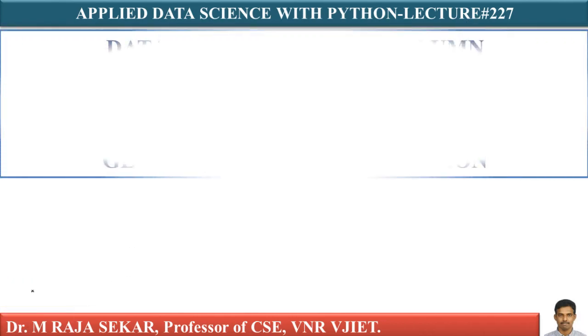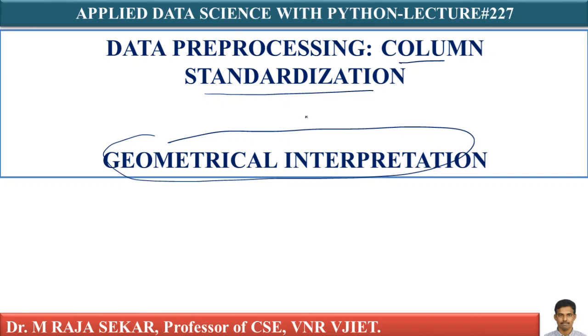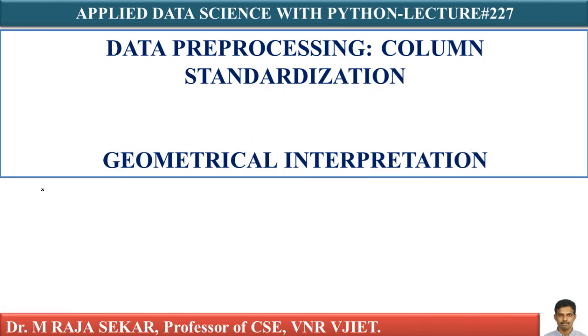In this lecture, we will try to understand the geometrical interpretation of column standardization. I already discussed the concept behind column standardization in my previous lecture, lecture number 226. I request you to go through that lecture before understanding the geometrical interpretation.